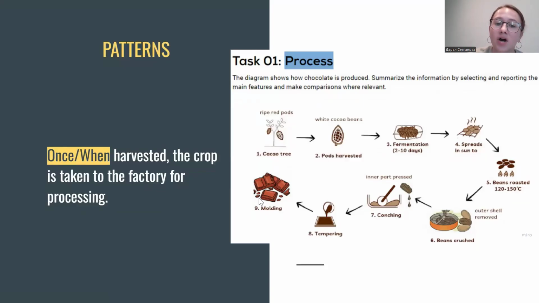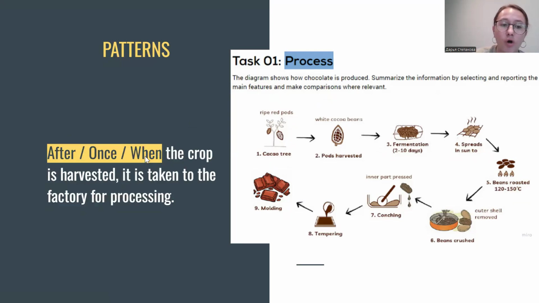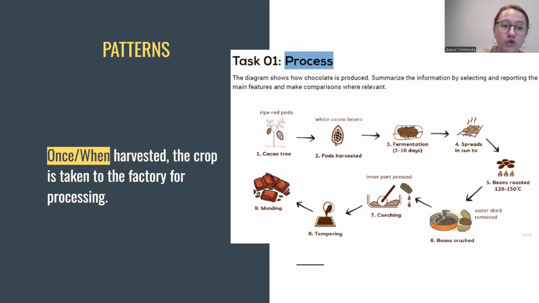Once, when harvested, the crop is taken to the factory for processing. So what it used to be like this: the crop is harvested, it is taken to the factory for processing. Yeah, we can regard it as a little bit bulky, right? We can make it more precise, more concise, a shorter version.